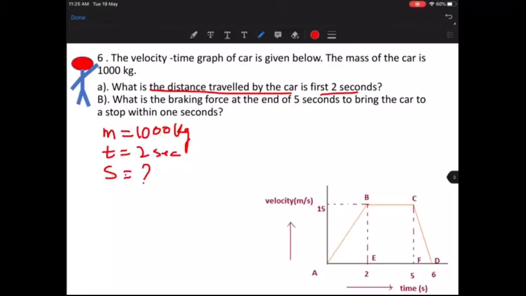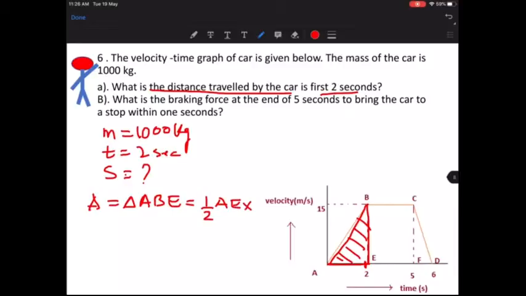What area? See, this is your 2 seconds. So if you calculate the area, this area of the triangle, you will get the answer. So let's find out the area. The area of triangle ABE is equal to half into base. Base is AE into what is the height? Height is BE. Okay, half into what is AE? AE is equal to 2.